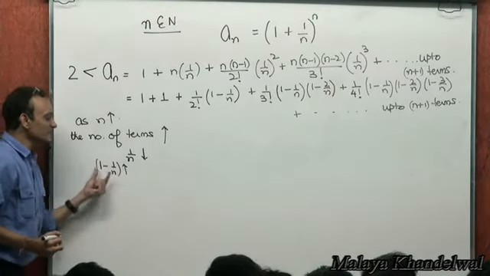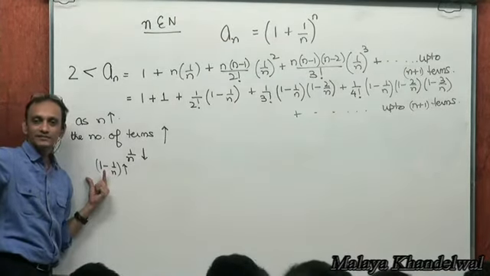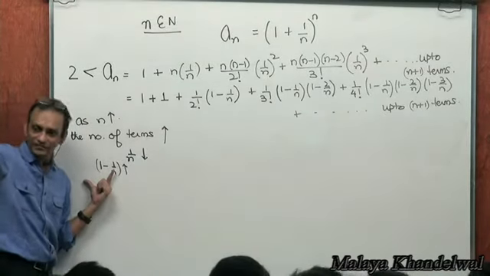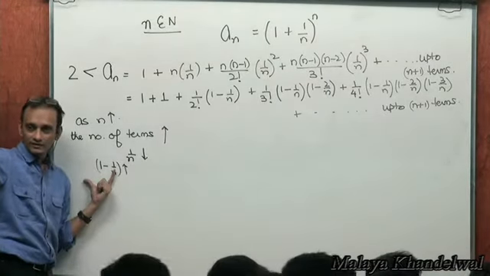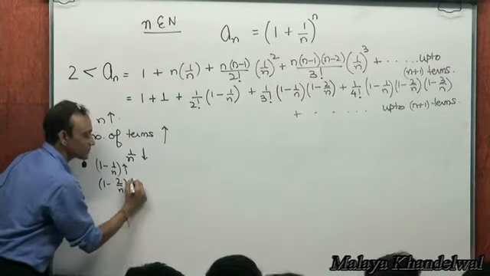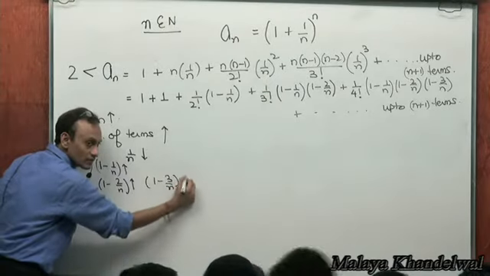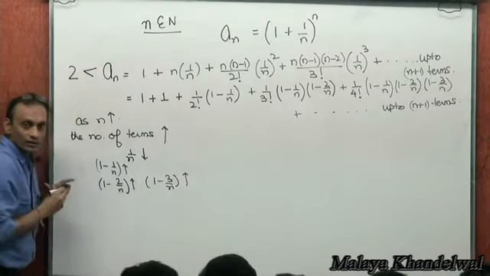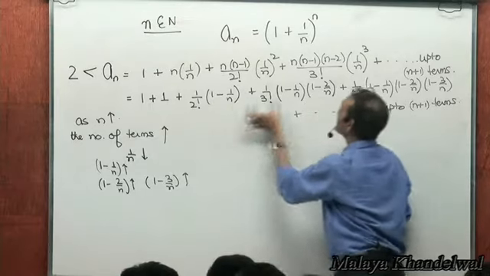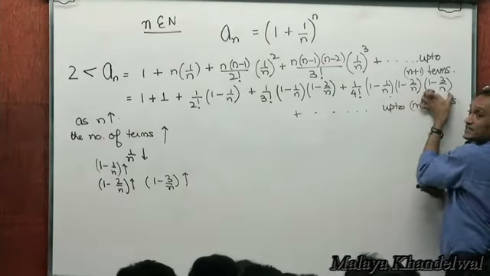If 1 by n decreases, 1 minus 1 by n will increase, isn't it? 1 minus 2 by n will increase, 1 minus 3 by n will increase, yes or no? Which means as n increases, each of these terms increases.